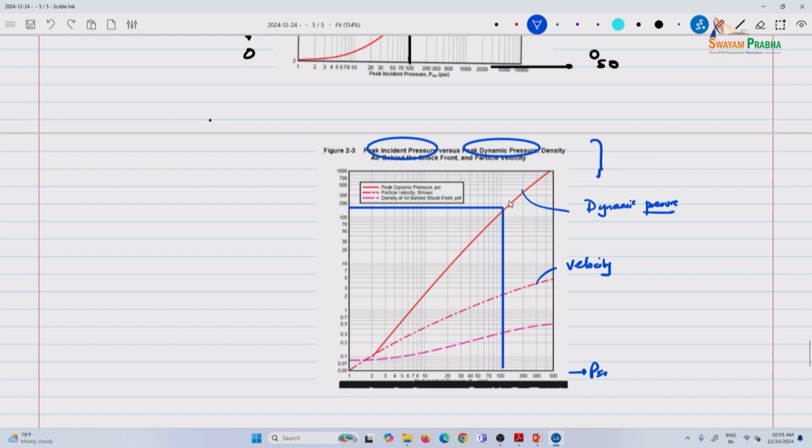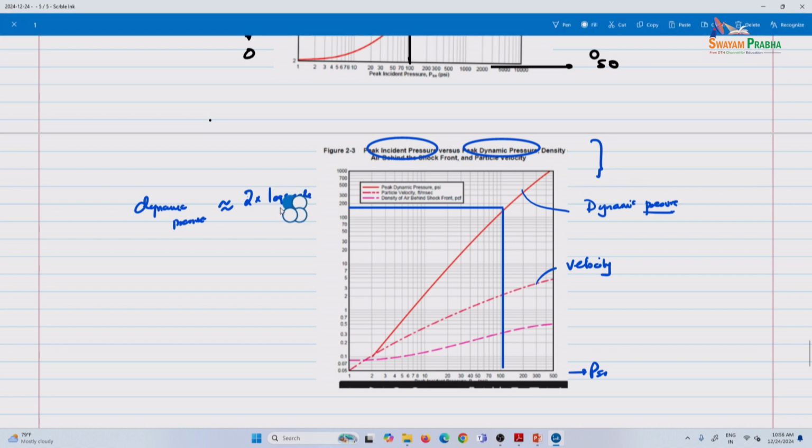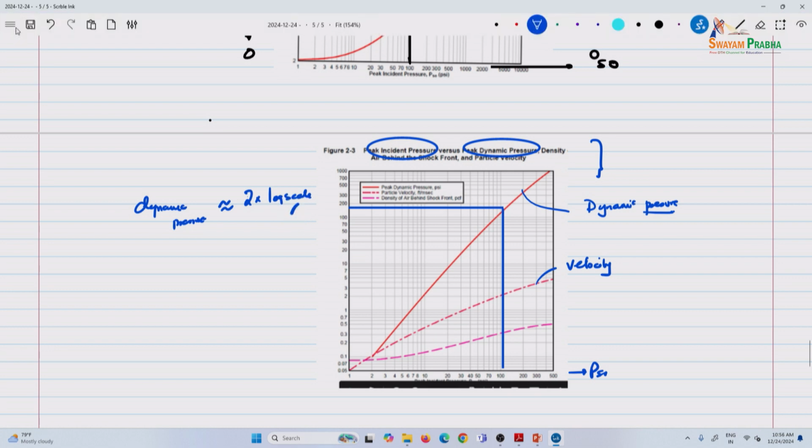So, your dynamic pressures are roughly twice. So, this is approximately dynamic pressure, not twice in the log scale, this is 2 times PSO.